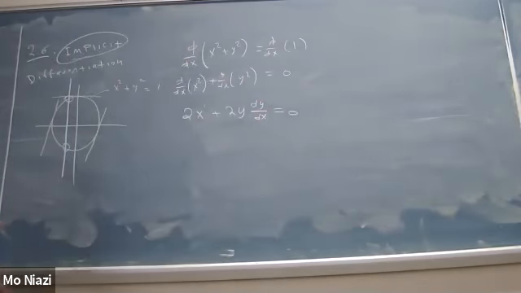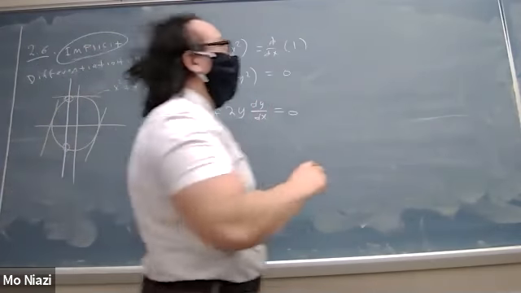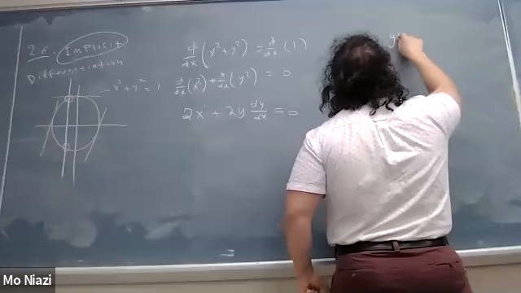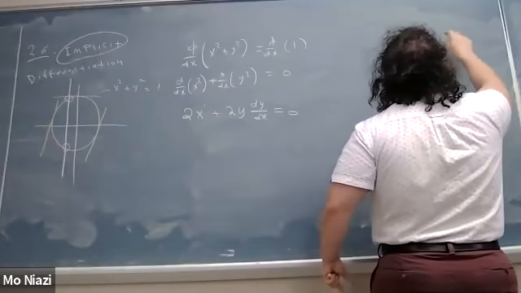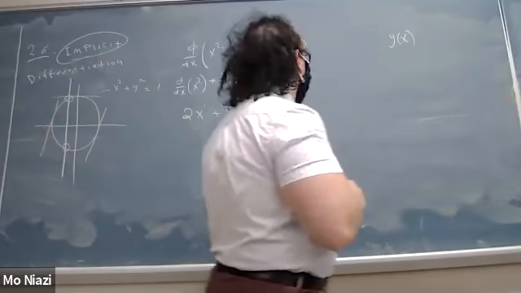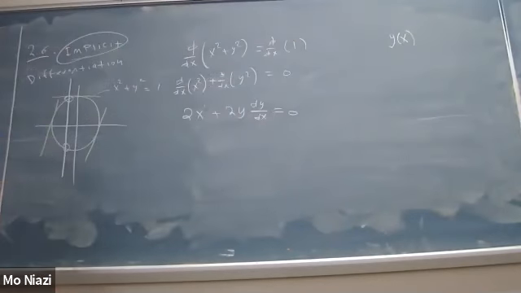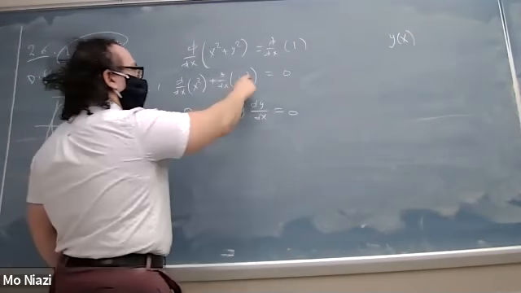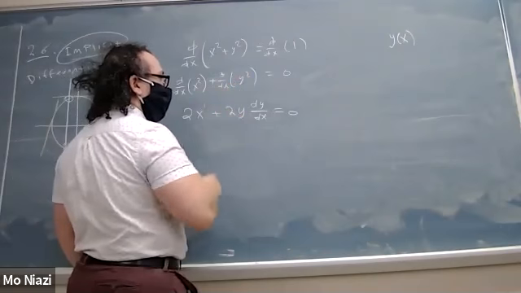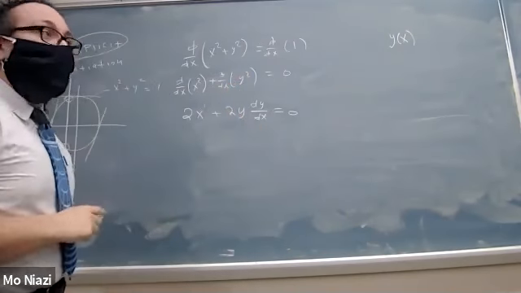You guys familiar with the chain rule? We use the chain rule because y is a function of x, but x is not a function of y. X is just a variable, but y is a function of x. So we have to take a dy/dx. So every time you see a y, do the normal differentiation operation and then put a dy/dx.